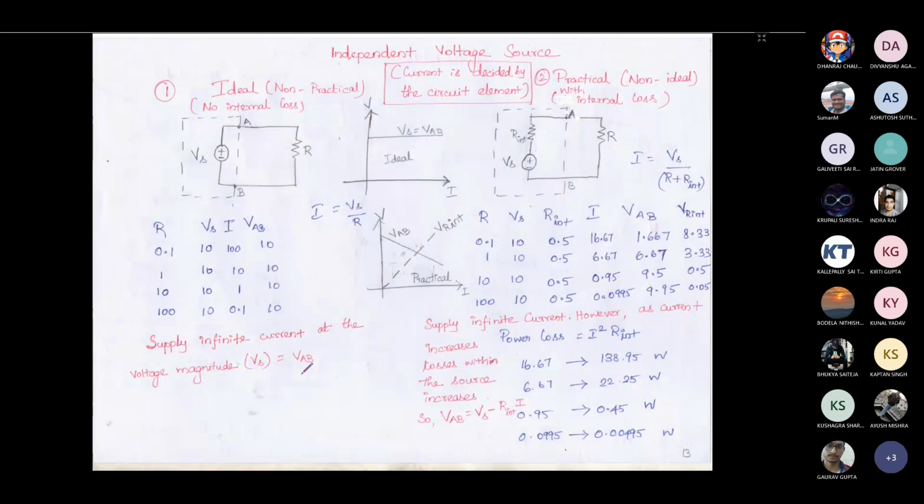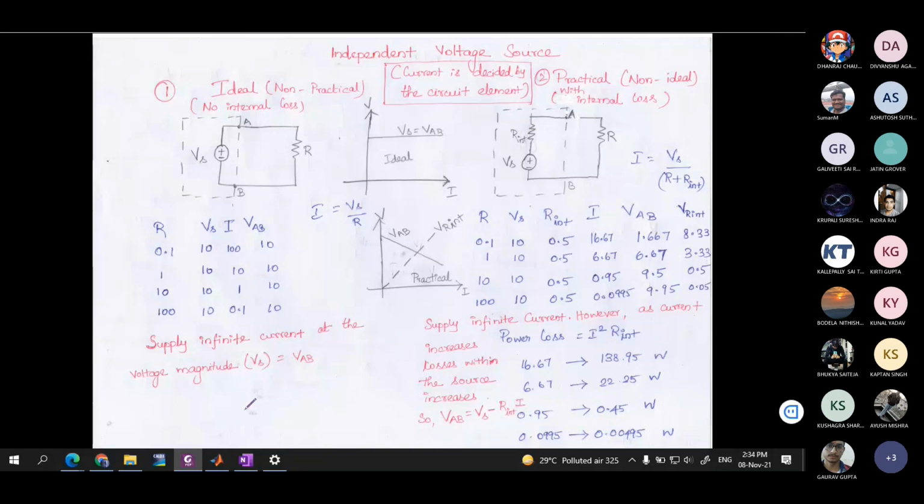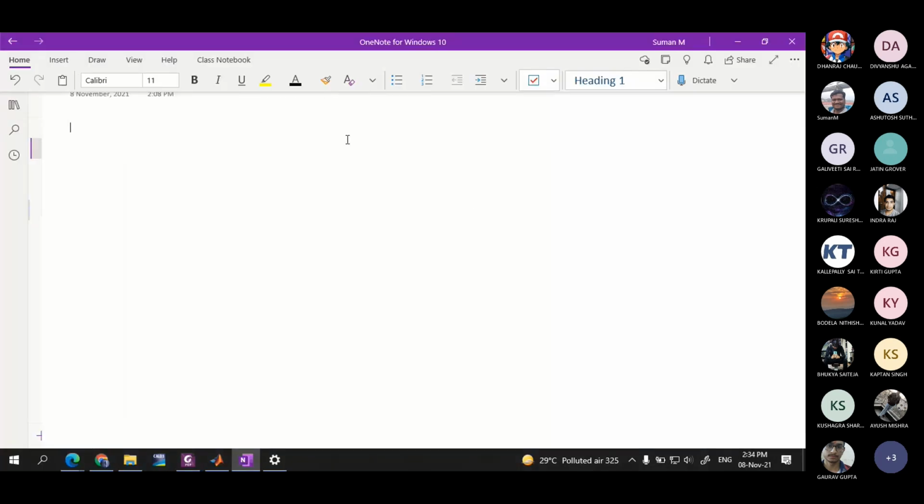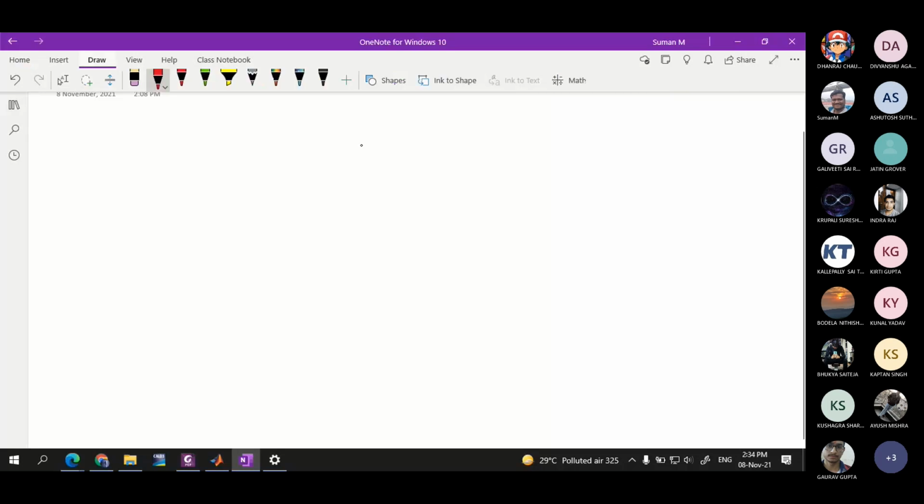So this is about the independent voltage source. We will draw it separately. I hope my screen is visible to you. Consider that this is a source and there is a resistor.